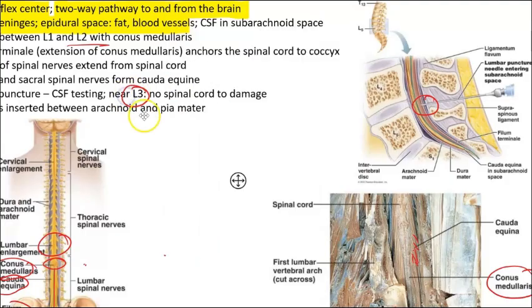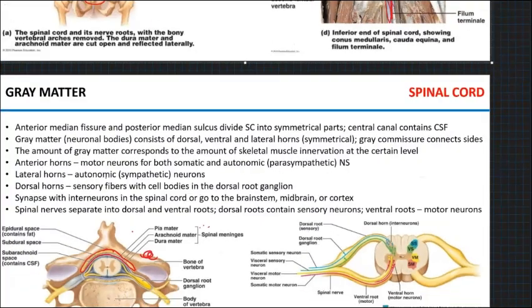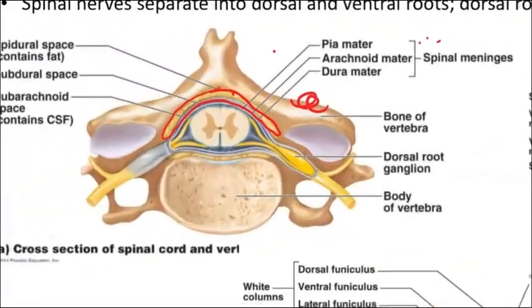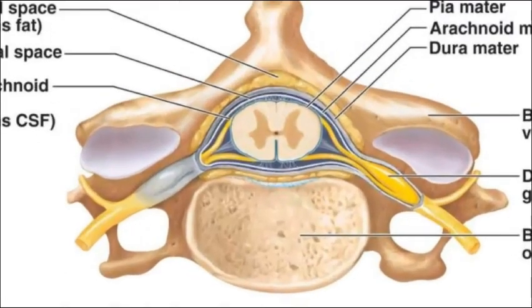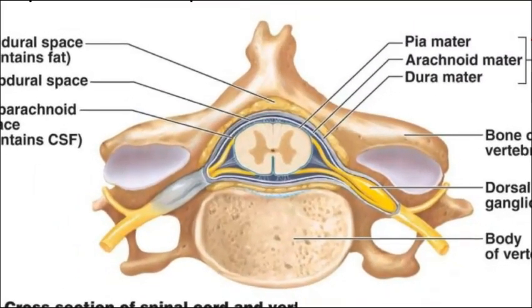Okay, now, what about other structures? Instead of just reading the text, I'm going to highlight main anatomical features if you don't mind. Okay? So let's take a look. First of all, this gray, thick layer is dura mater. As we mentioned before, that fat-filled part right here is the epidural space. It's a space between the dura mater and the bone of the vertebra.